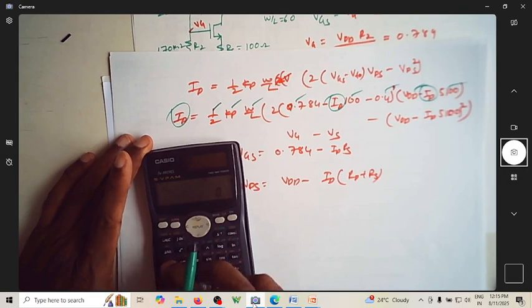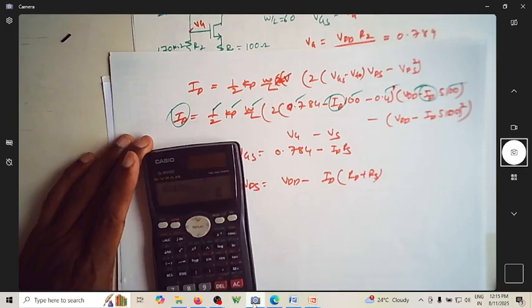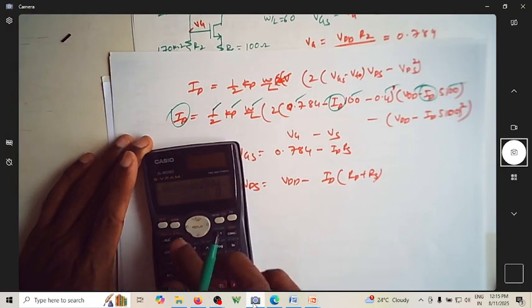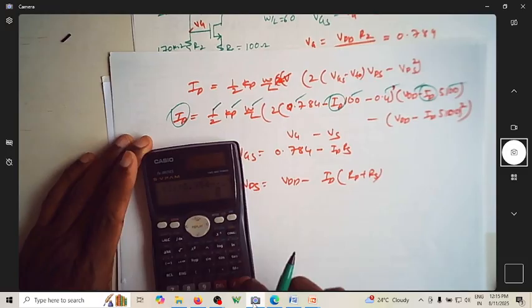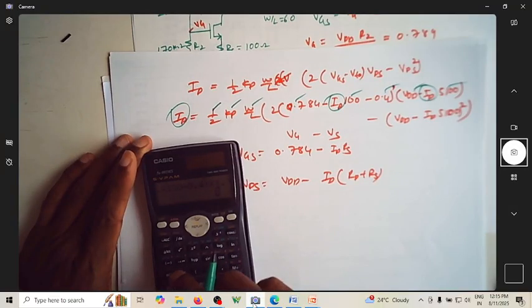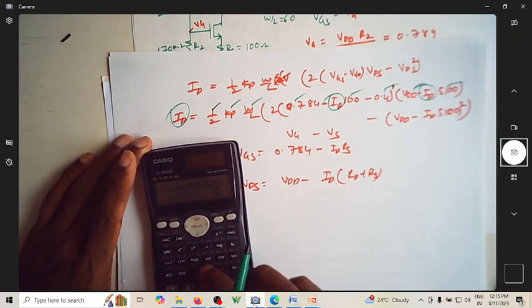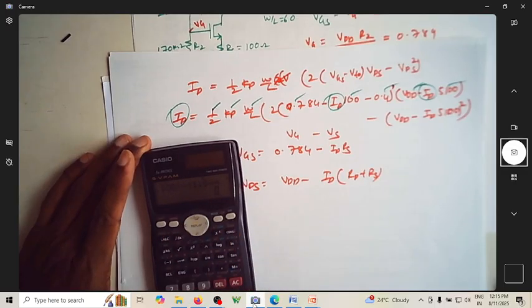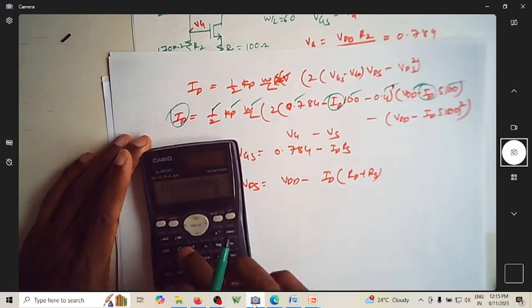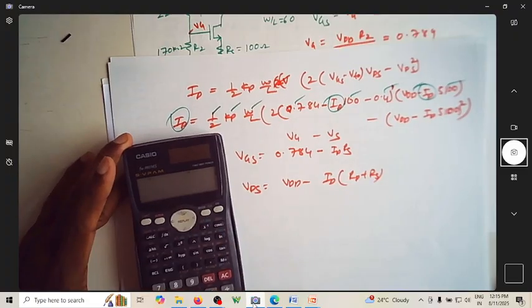So ID equals 100 exponential minus 6 into 60 into (2 into (0.784 minus ID into 100) minus 0.4) into (1.8 minus ID into 5100) minus (1.8 minus ID into 5100) square. Shift calc.